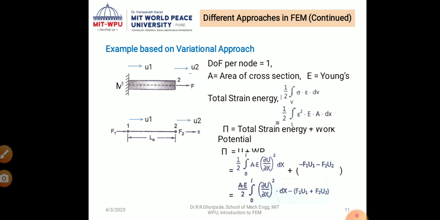Total strain energy and work potential contribute to the total potential energy. So you need to express these two now in total potential energy as 1 half integral 0 to L AE (du by dx) square dx plus, in bracket, minus F1 u1 minus F2 u2 being the work potential. So simplify these terms now.